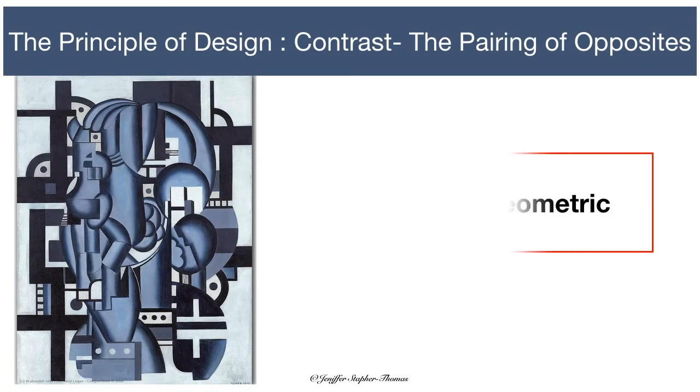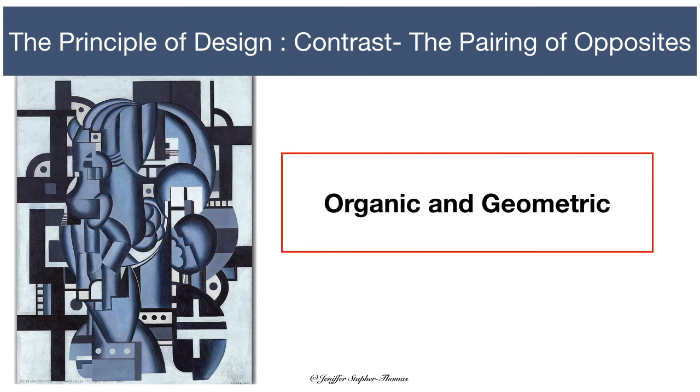We've examined how artists use contrast, the pairing of opposites, a principle of design, and we've seen how artists use dark and light, bright and dull, warm and cool, large and small. And now let's look at how artists, and this is Leger, one of my favorite artists, I believe from the 1940s, and he was just brilliant at comparing organic and geometric.